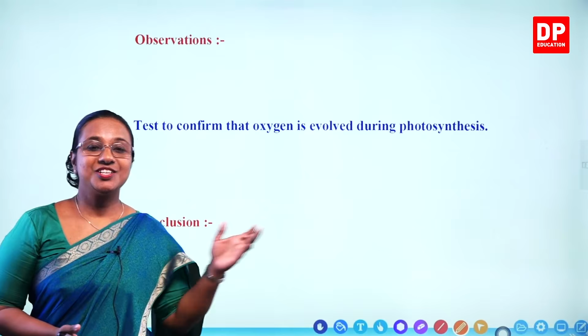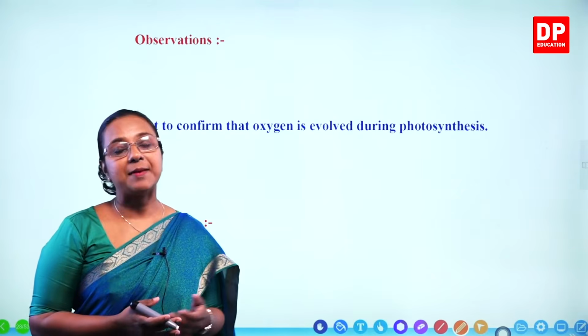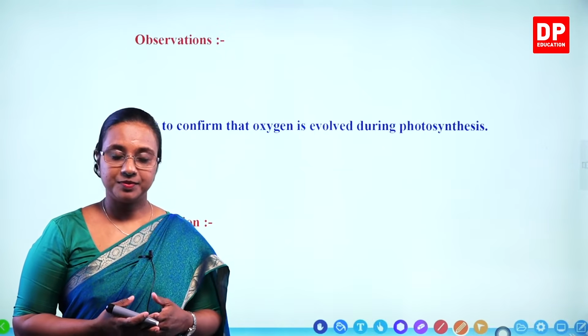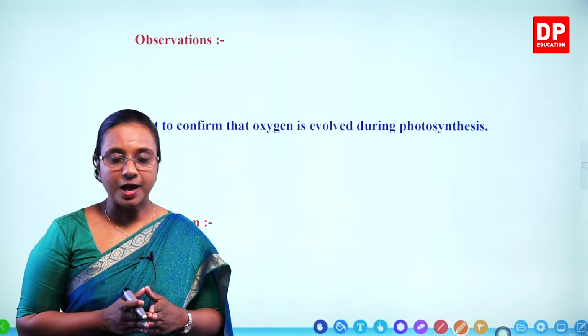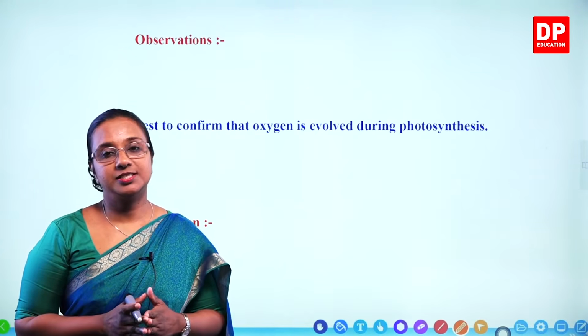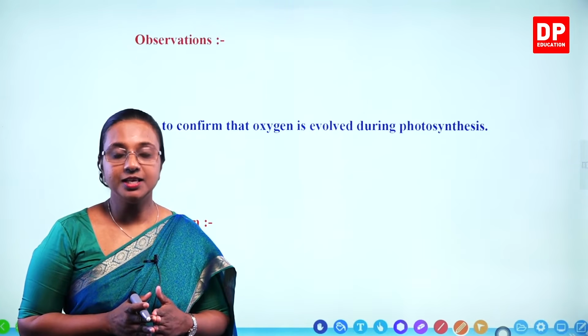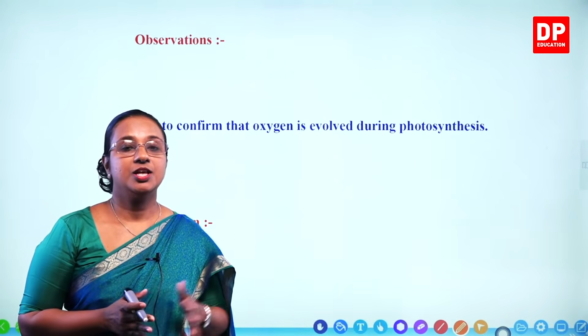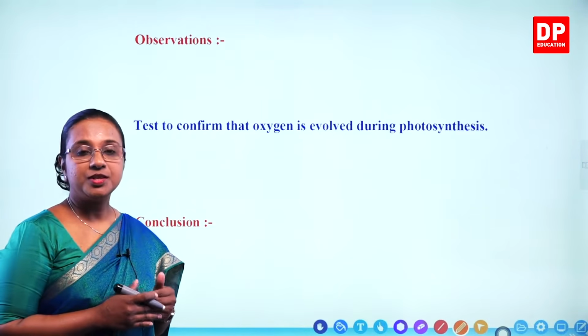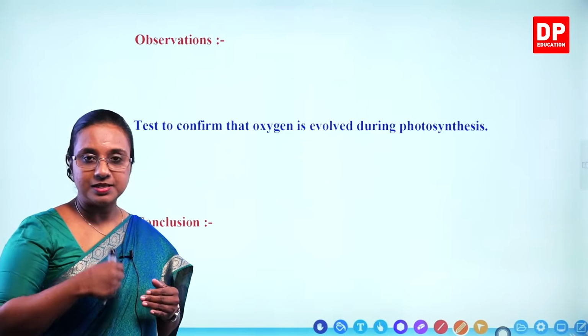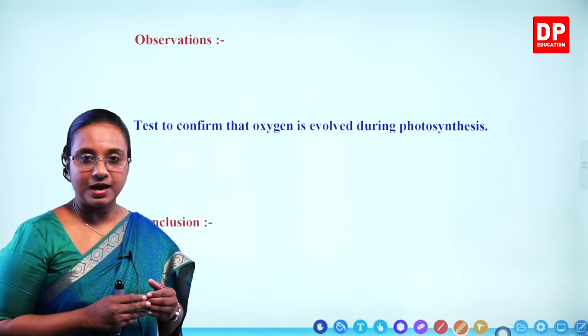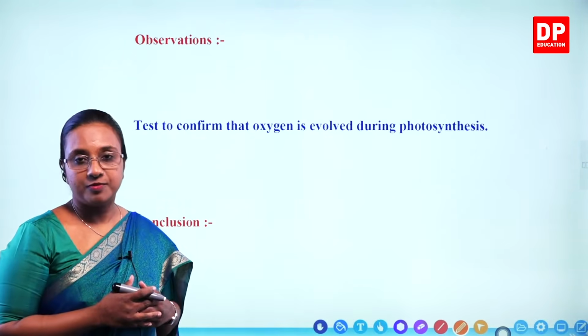Okay students, so you observed what happened in the setup. The setup that was prepared to show that oxygen is evolved in photosynthesis. So what did you see? You saw the gas bubbles evolving from the plant and moving upwards.